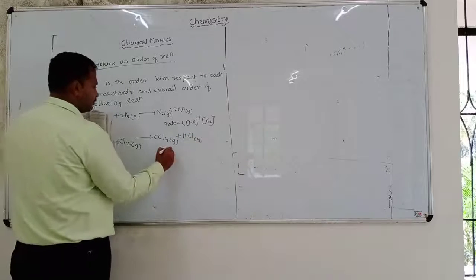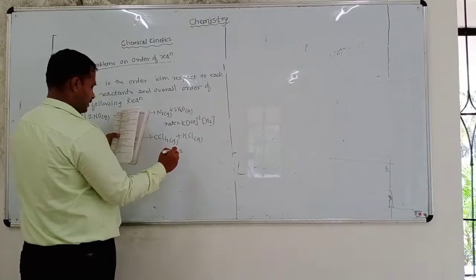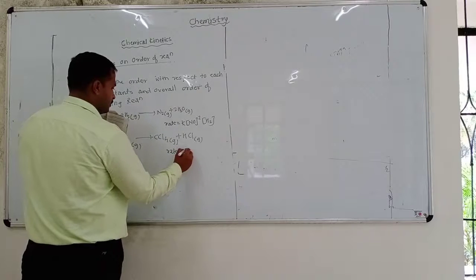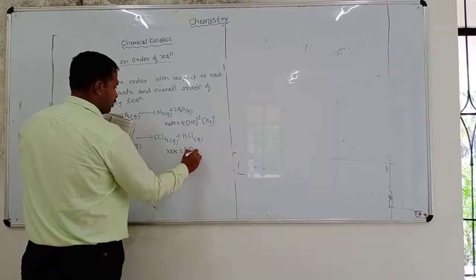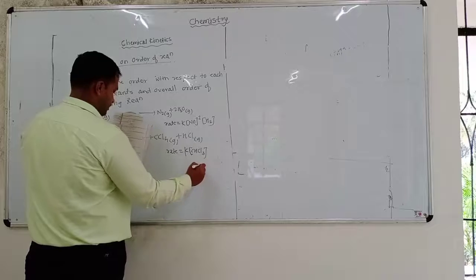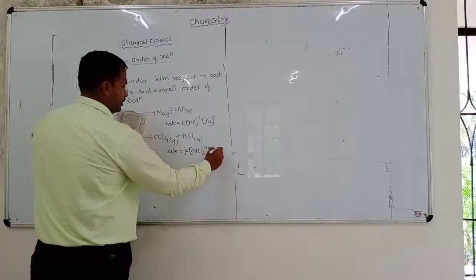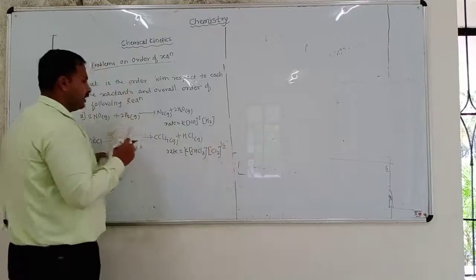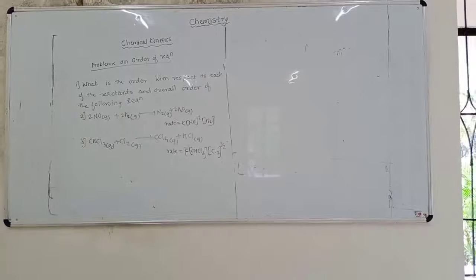Rate is equal to K into concentration of CHCl3, Cl2 raised to half. Okay, now we are going to discuss problems on order of reaction.